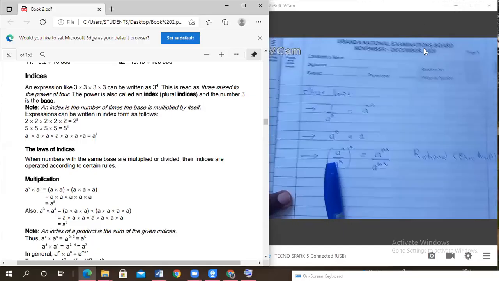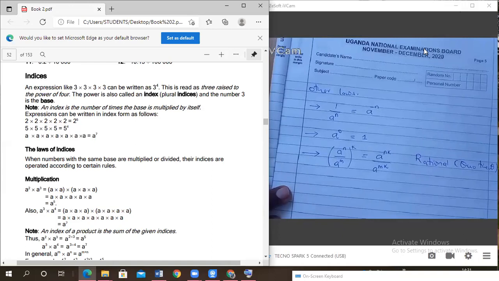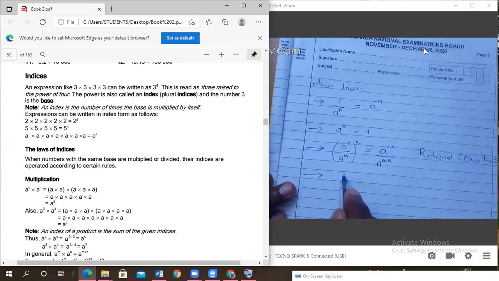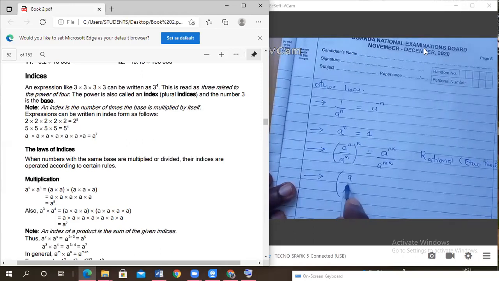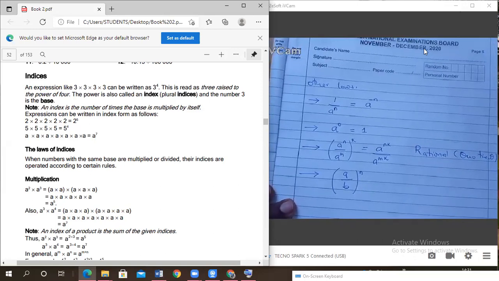Are you together? Yes, teacher. So we can also have a over b, again raised to the power n. You can also have something like that.